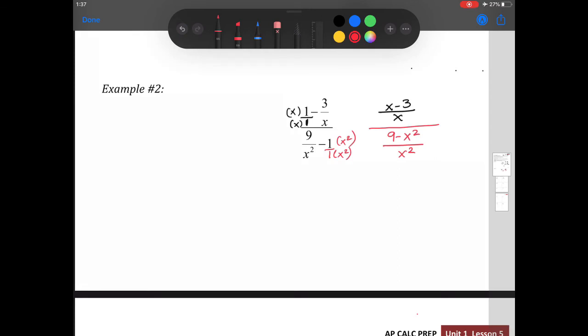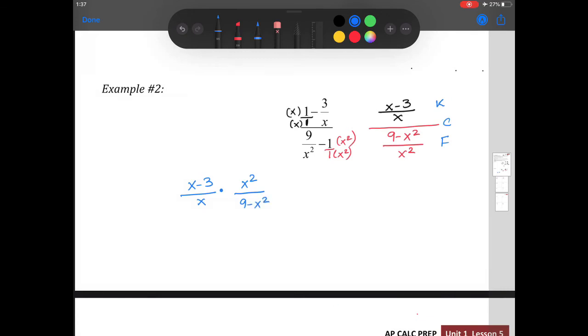Now I have one fraction over the other, and I can do what? Keep, change, flip. You don't really have to write KCF. I'm just doing it so we understand this better. And after I do that, what do I get? x minus 3 over x squared times x squared over 9 minus x squared.